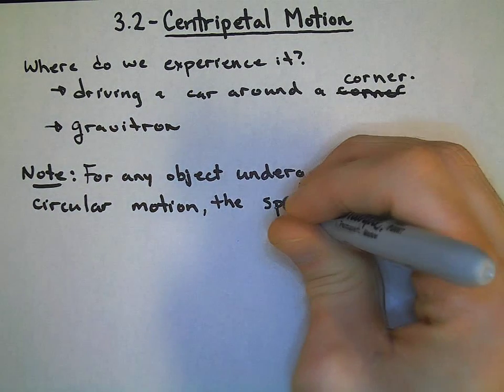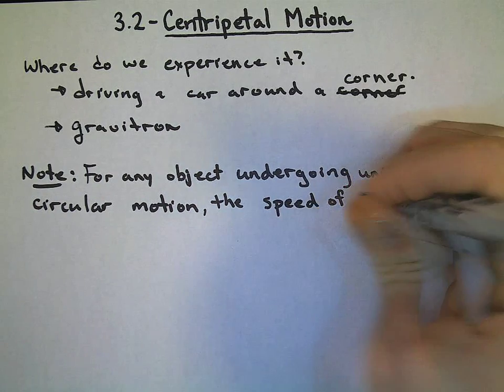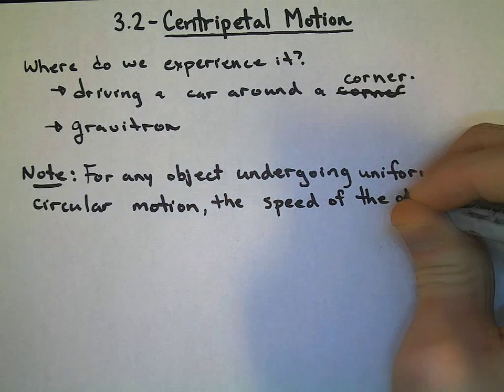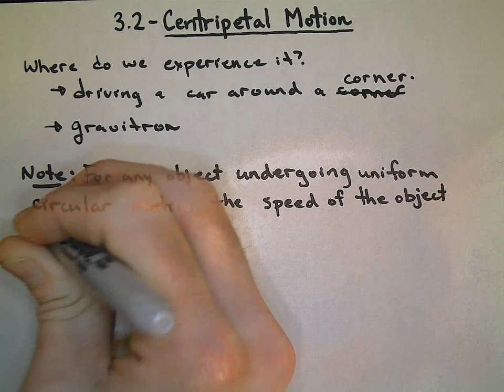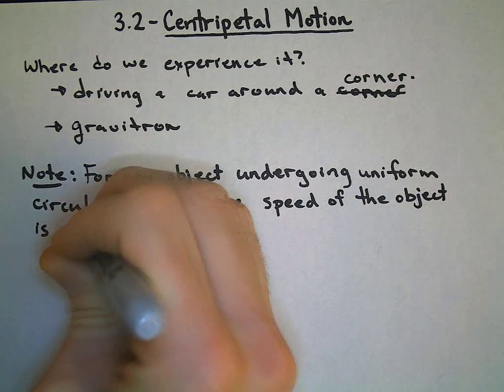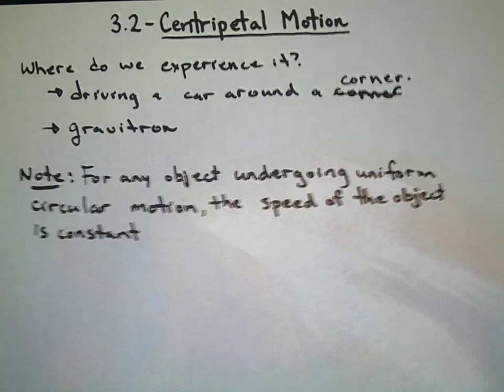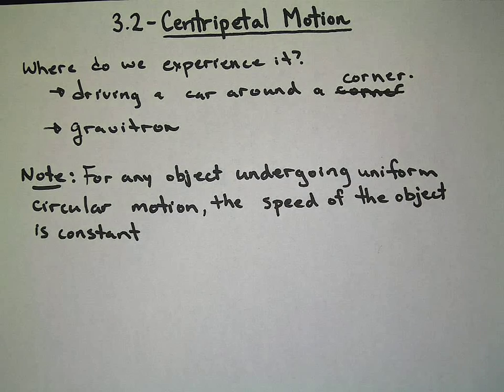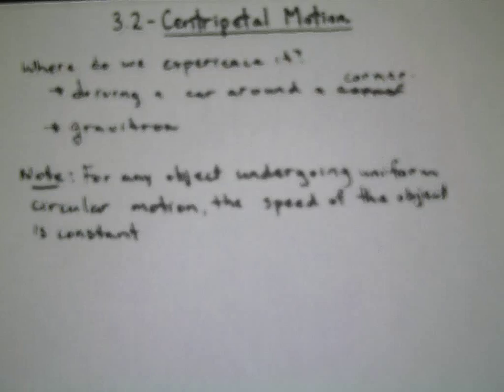The speed of the object is constant. And what does that mean? That means that the speed stays exactly the same.